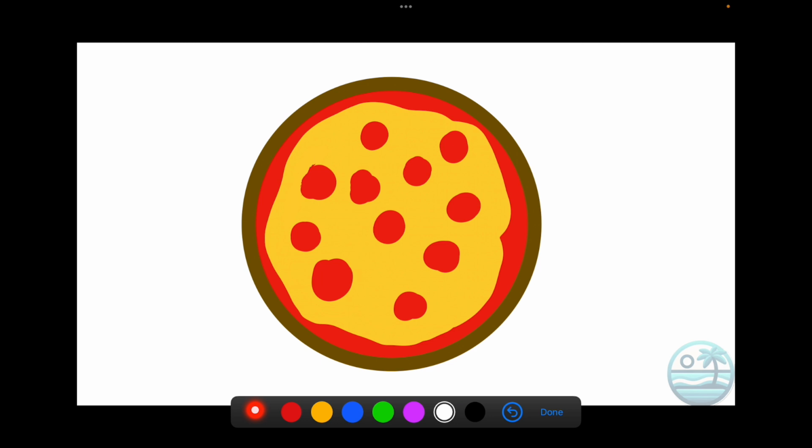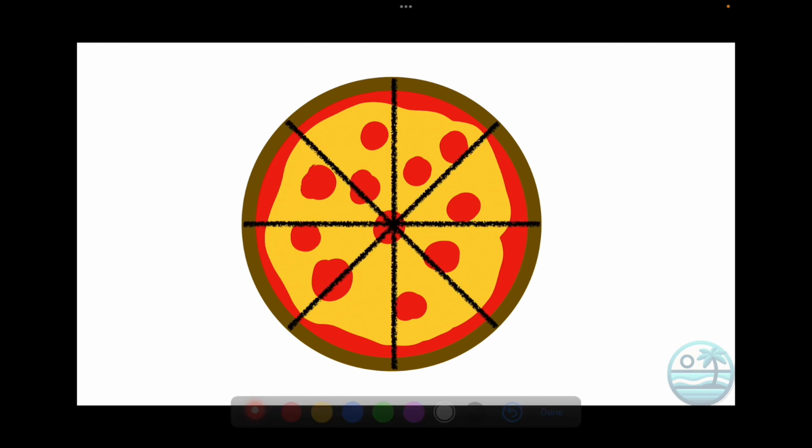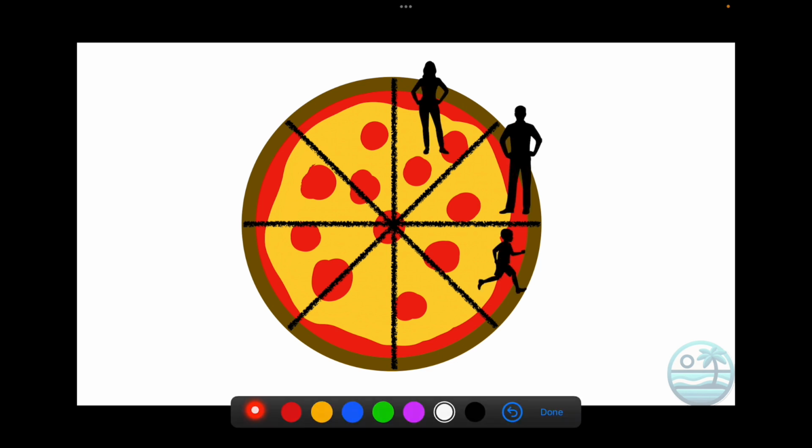Let's take a look at maybe a little more realistic example of having a pizza. Most pizzas are cut into 8 equal sections. Now let's say you had 3 people come and eat some of your pizza. This lady ate 1, this man ate a second, and this boy ate a 3rd piece of pizza.